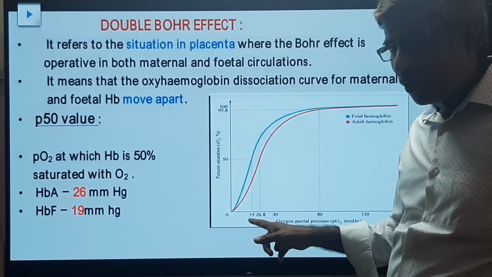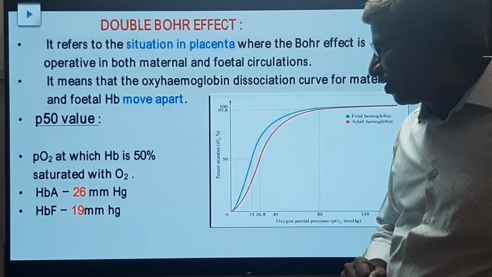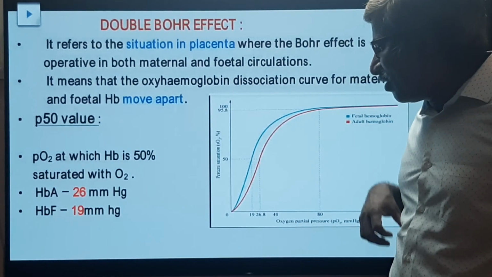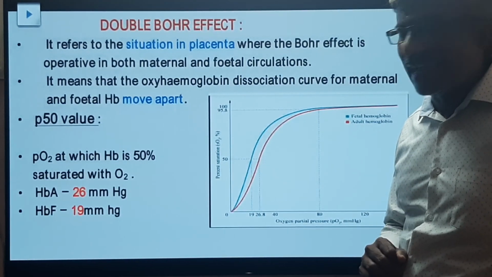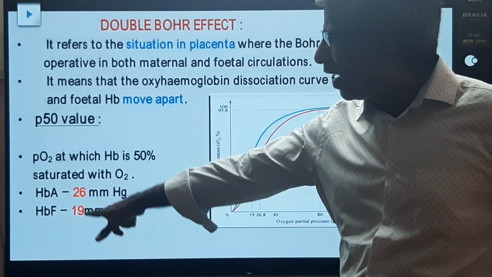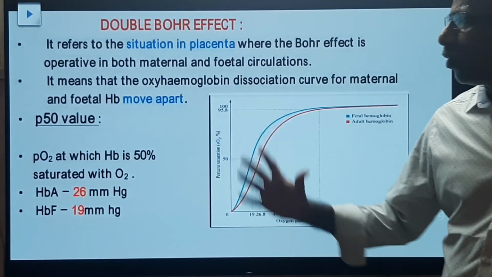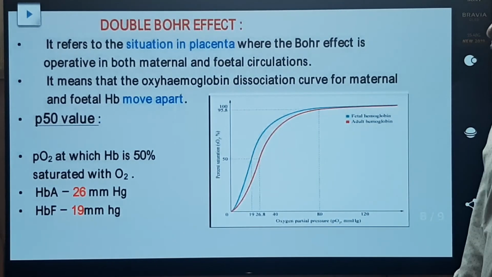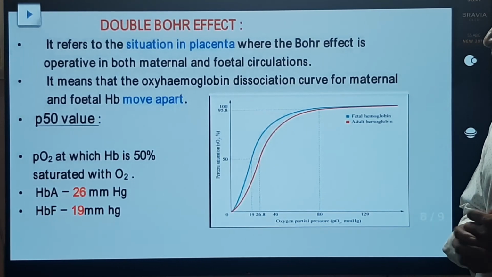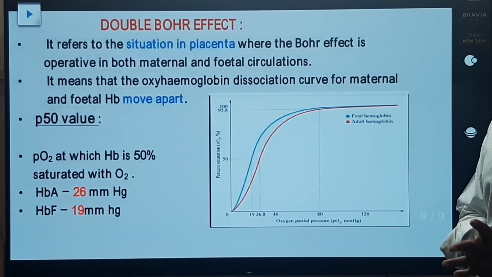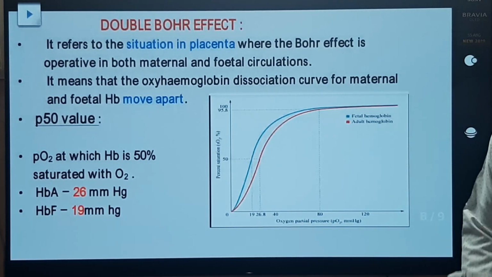So even though there is less pressure, 50% is saturated, whereas in adult hemoglobin 50% is saturated at 26.8, a difference of around 7 mmHg. Hope you understand. This is the transportation of oxygen. This is today's class. Tomorrow we discuss the transportation of carbon dioxide. Right?